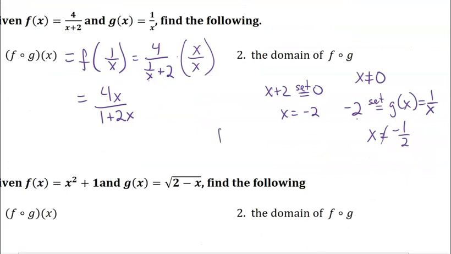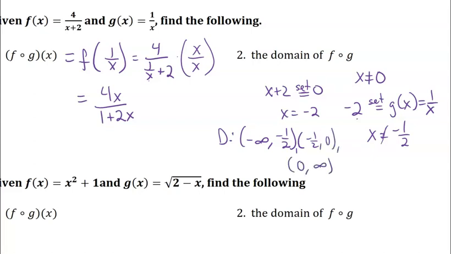Okay, so our domain then is all the values except that, which I'm going to write in interval notation this time. So negative infinity to negative 1/2, and then negative 1/2 to 0, and 0 to infinity. So that's our domain. Or again, you could just say all real numbers except x does not equal 0 or negative 1/2.